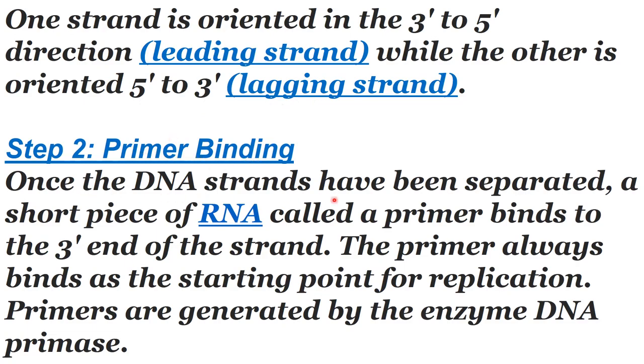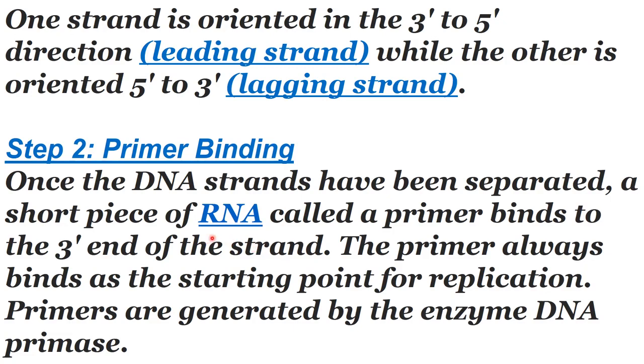Once the DNA strands have been separated, a short piece of RNA called a primer binds to the 3' end of the strand. Why the 3' end? Because DNA polymerase can act only in one direction, 5' to 3'. So DNA polymerase cannot start the replication process itself. It needs a primer first.